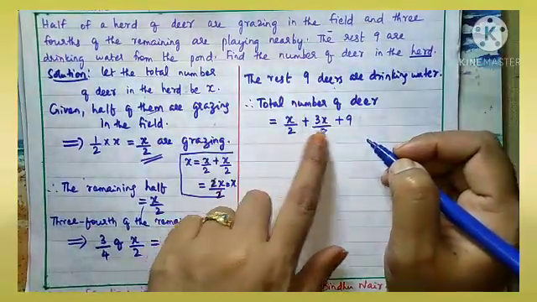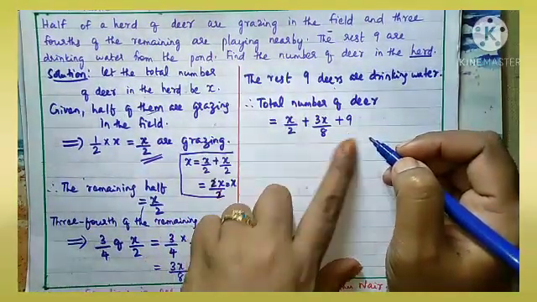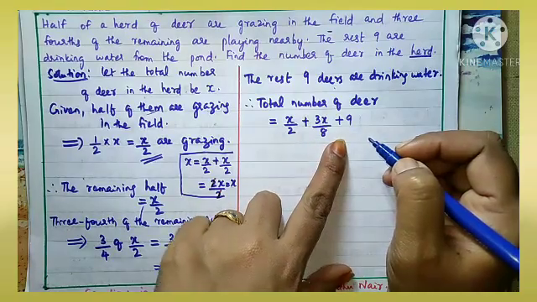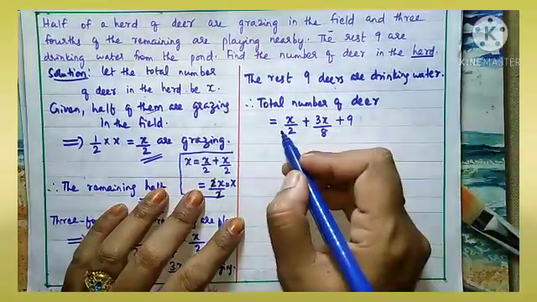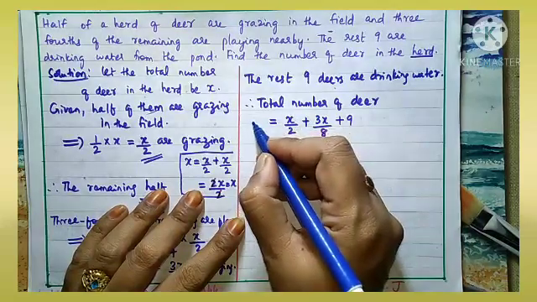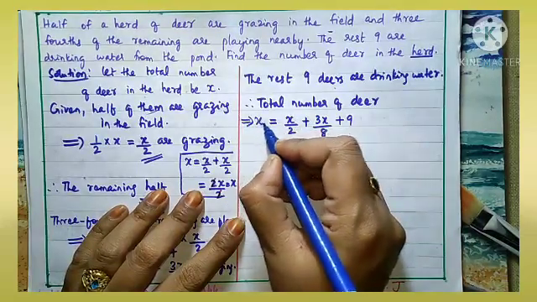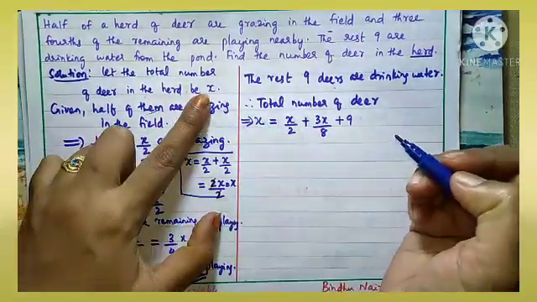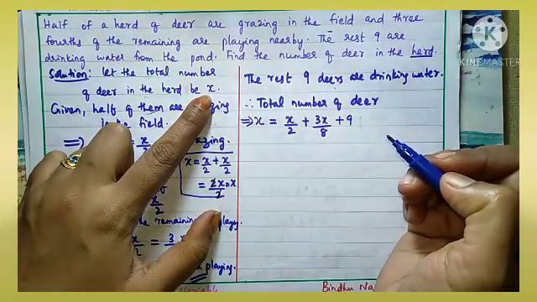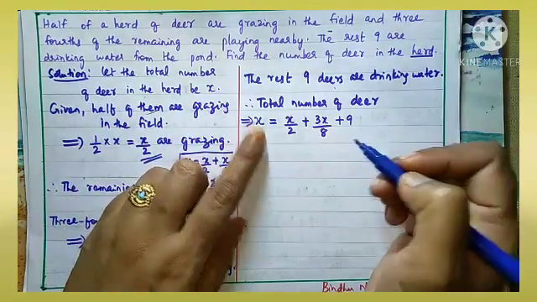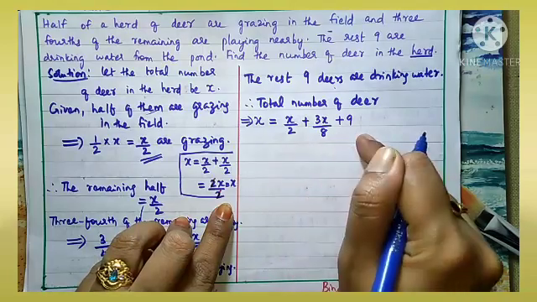Understand? So these 3 give the total number of deer. So what does this total mean? Yes, that is x. We have already taken x as the total number of deer. So that total is equal to the sum of these 3.